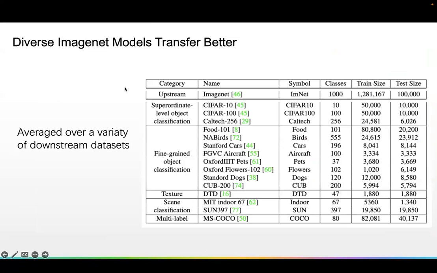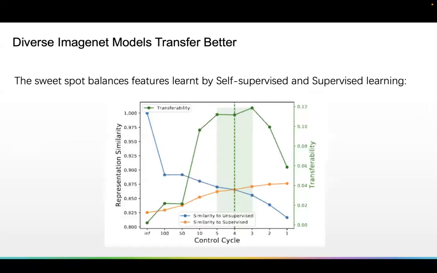We test our hypothesis over 14 different data sets of different number of classes, train size, and domains, and show that there is a sweet spot that balances features learned by the self-supervised and supervised learning parts.